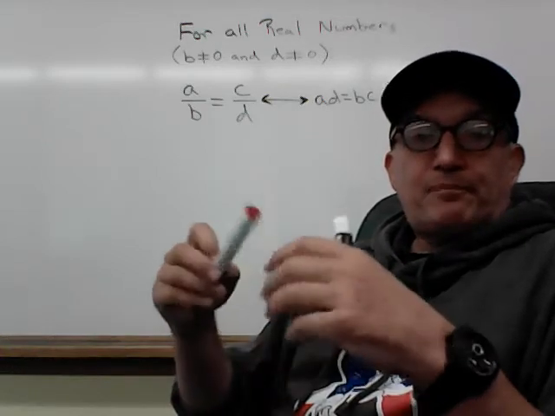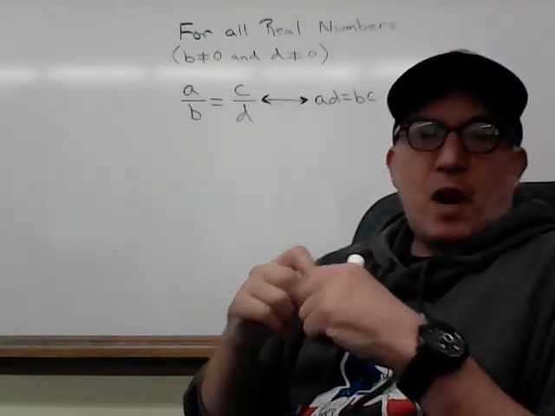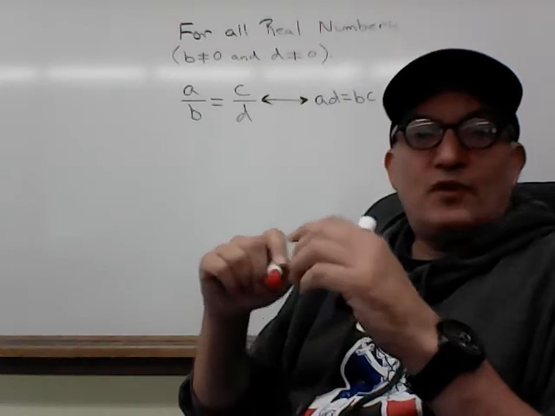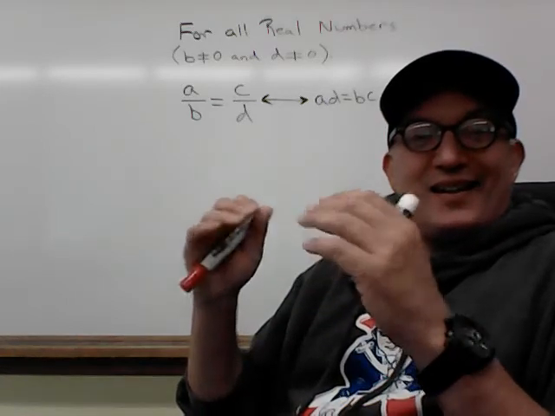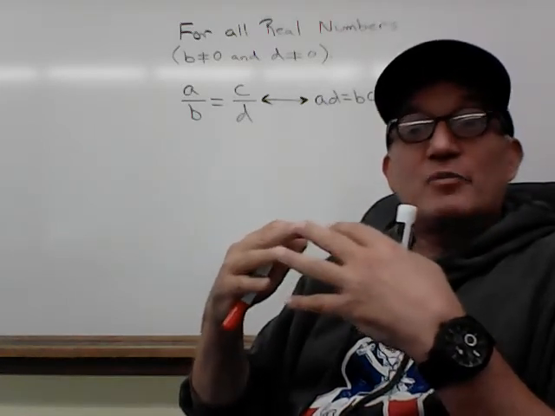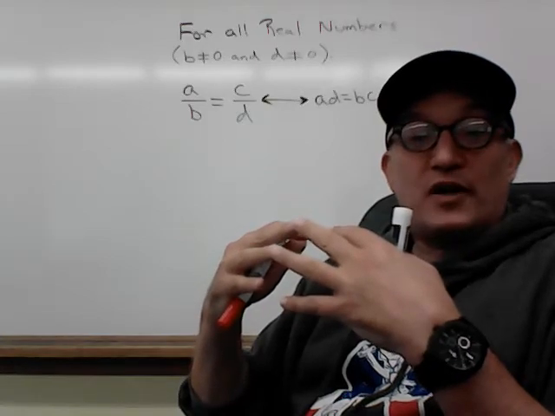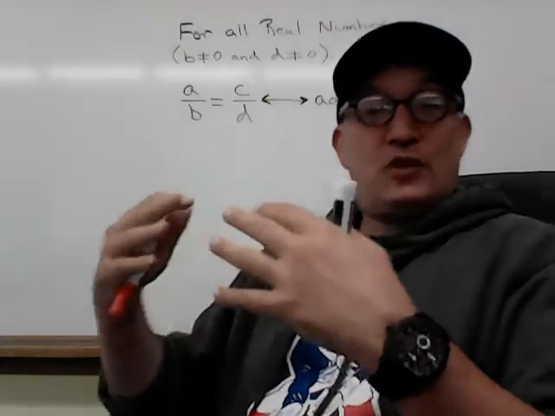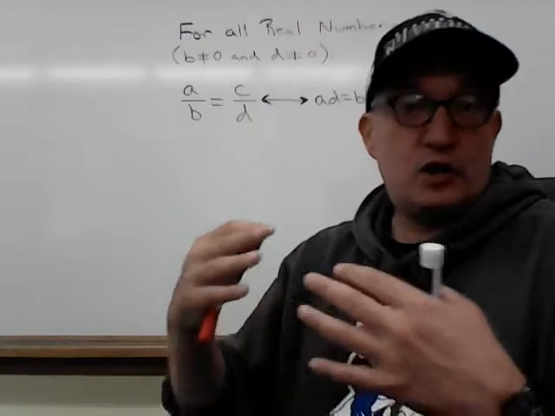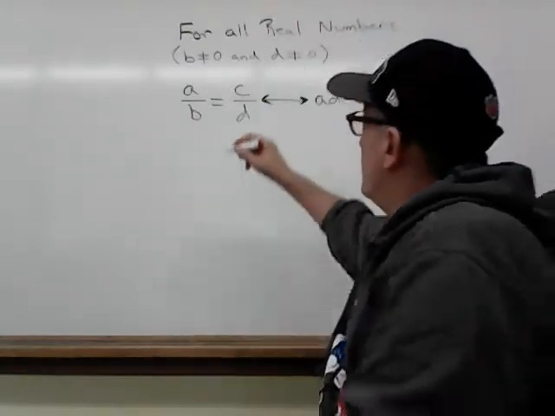Let me do something with this red marker that might be helpful in getting you comfortable with this notion of diagonal cross products. So we have these two equal ratios or two equal fractions.